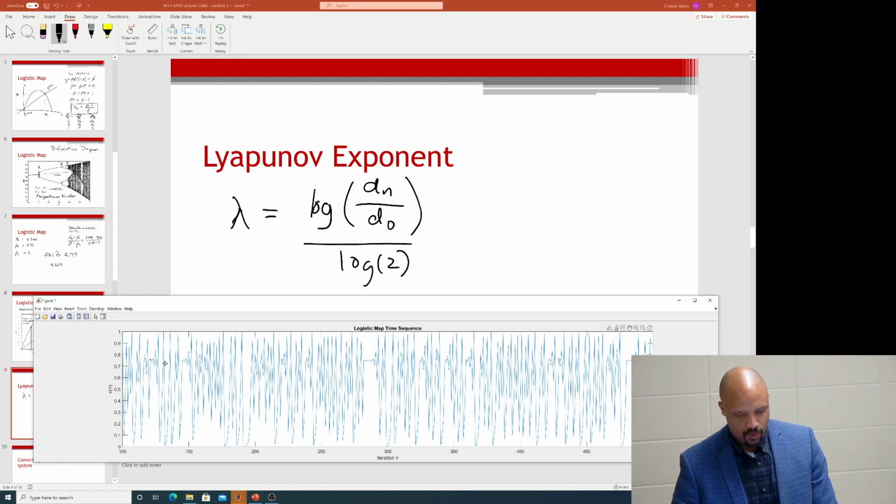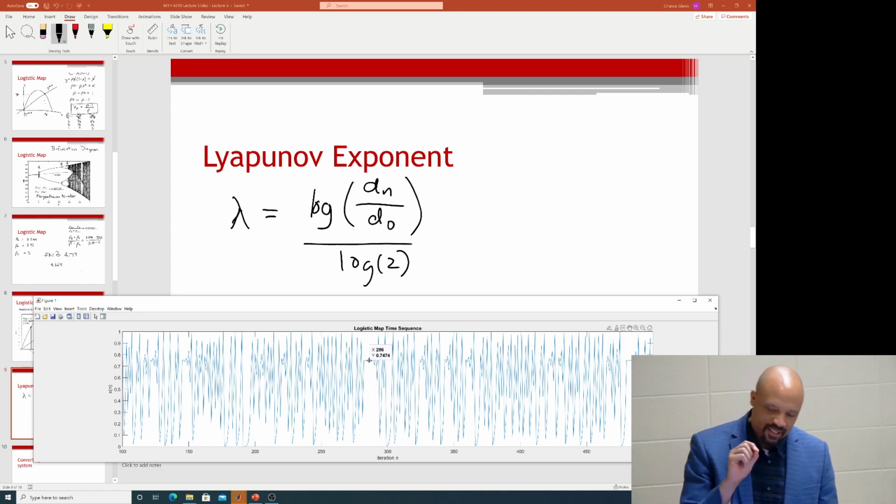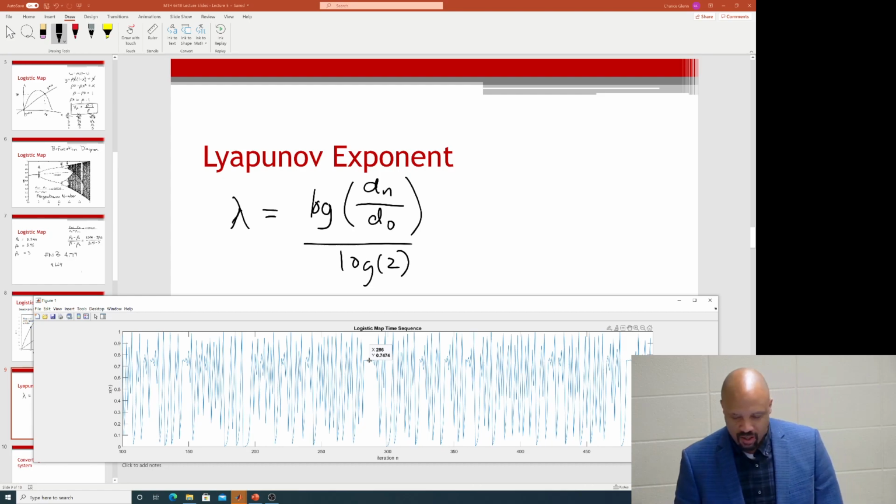This was calculated for rho equals 4. And as you can see right here around 0.75, it kind of gets stuck. Well, that's the fixed point, and it wants to try to stay there, but the little bit of error or change in the values starts to make it walk away from the fixed point, and it gets bigger and bigger.